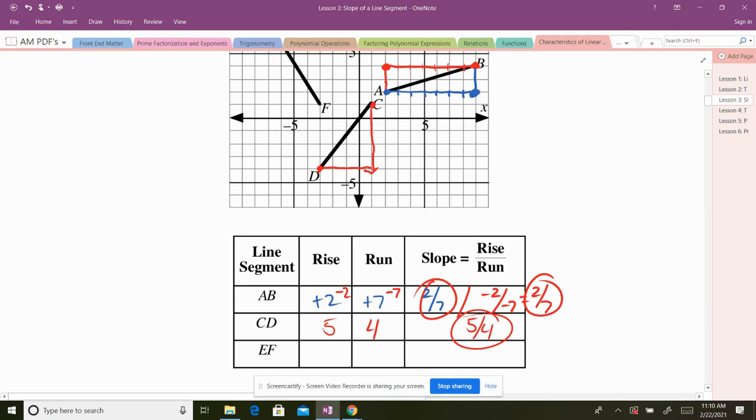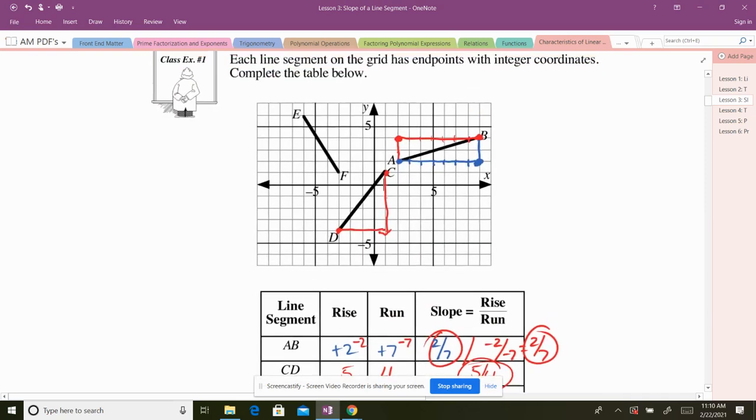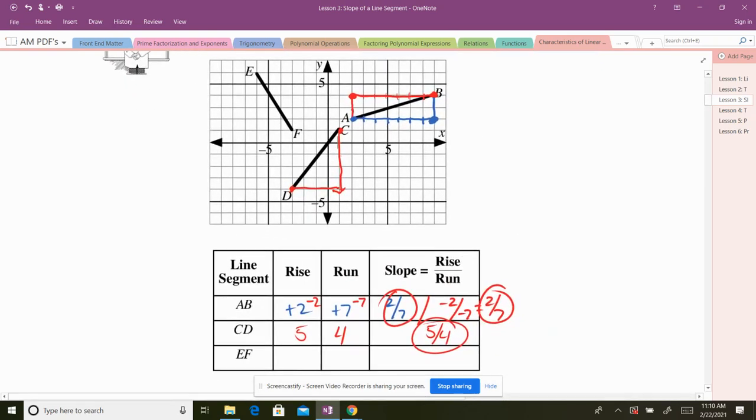All right. EF, do EF, please. Perfect. Don't tell me yet. No, they're all going to be whole numbers. 5/-3 or -5/3 or just float the negative in the middle.